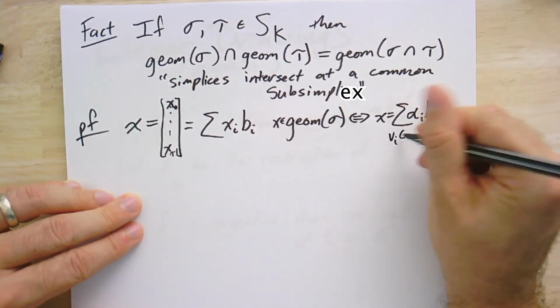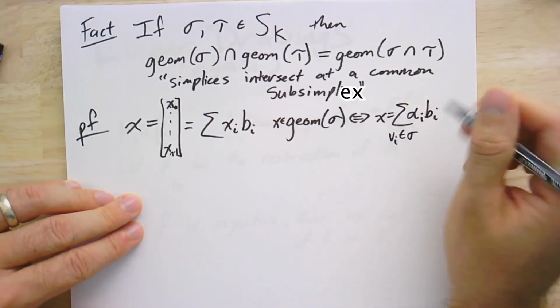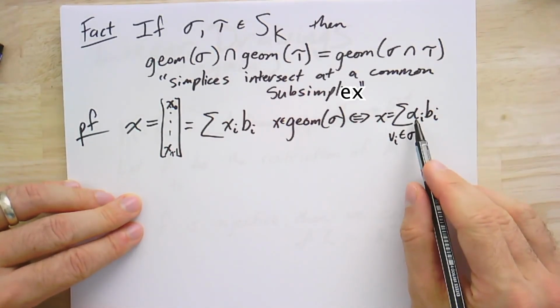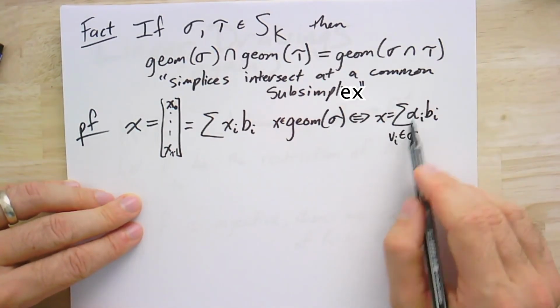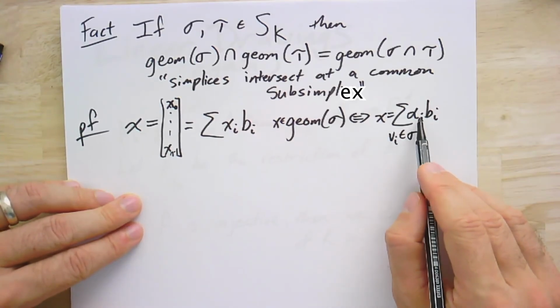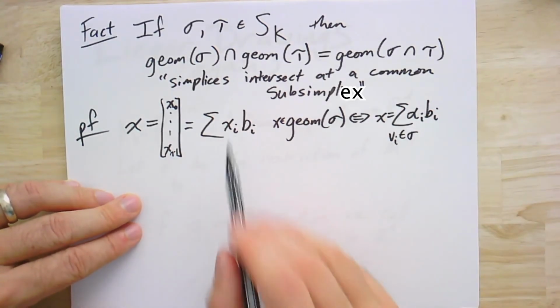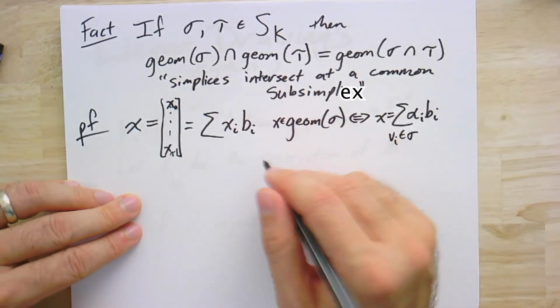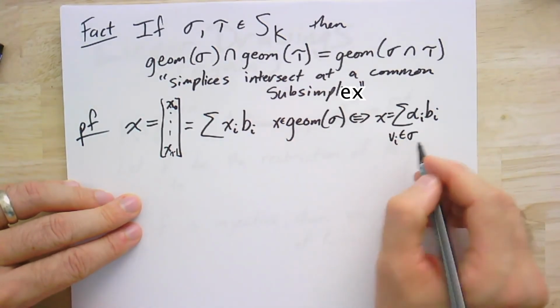for vi in sigma. Now, I wrote alpha i here because by definition it just says there has to be some set of coefficients, but we know what the coefficients are. We actually know that they're xi. And similarly, I could write the same thing for tau.